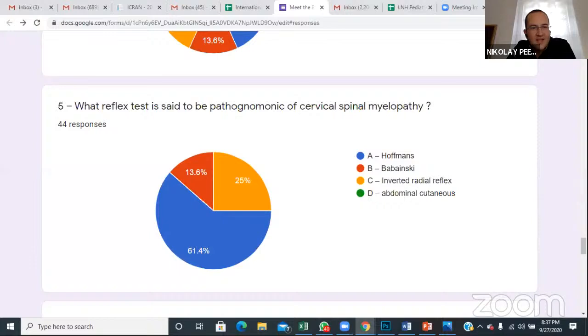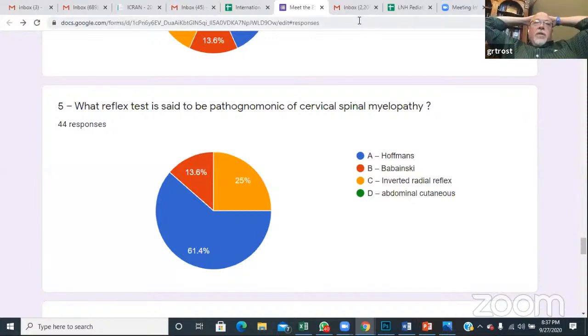What reflex is said to be pathognomonic for cervical myelopathy? So we can see here that the majority have answered Hoffman. I personally would agree with that, but in my battery, inverted radial reflex is also something that I use, and inverted radial reflex is known to have over 60%.